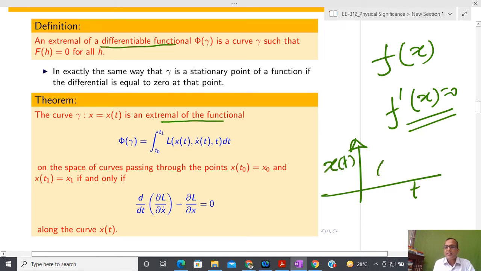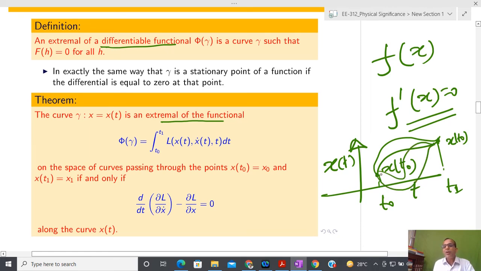In this space I have some kind of curve, and here this point is t0 and here this point is t1. Corresponding to these points I have x(t0) and x(t1). Now I am going to find some kind of curve between these two, and you can see that infinitely many curves join these two points.